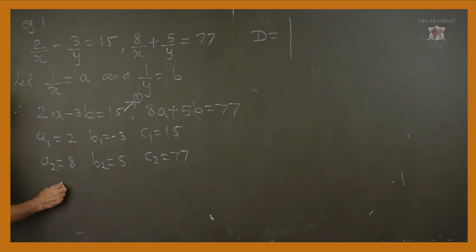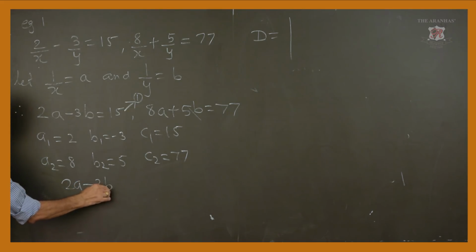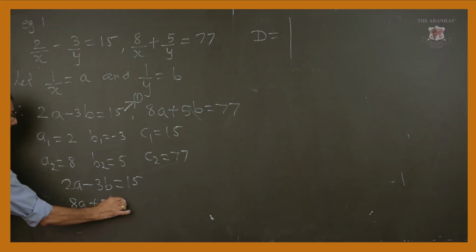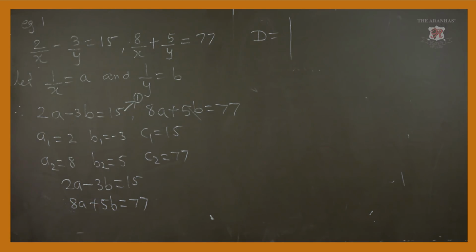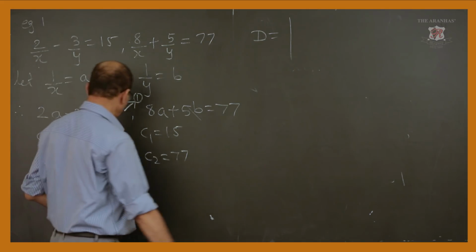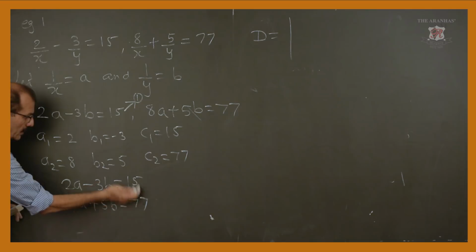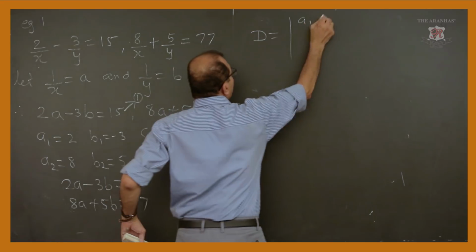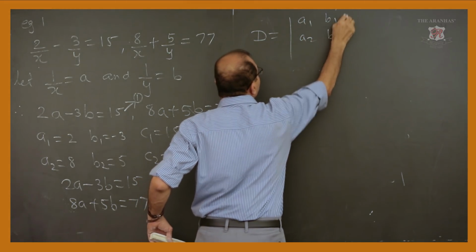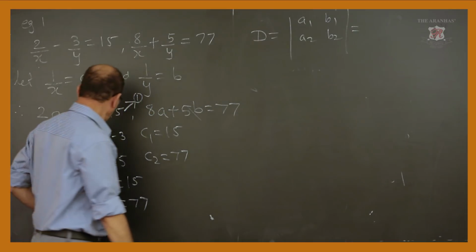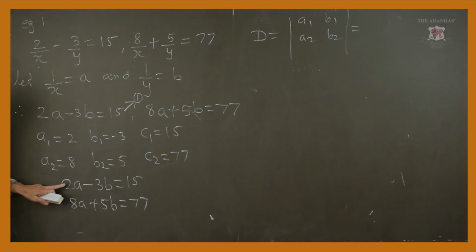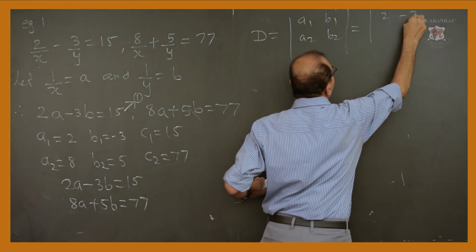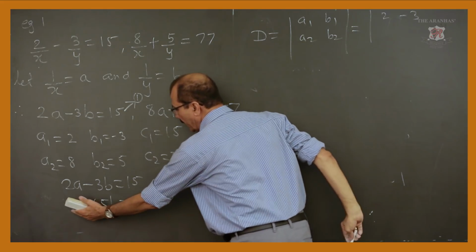But I will write the equations again: 2a minus 3b is equal to 15 and 8a plus 5b is equal to 77. So D is, dropping the constant column, a1, b1, a2, b2. The first row is 2, minus 3 and the second row will be 8, 5.